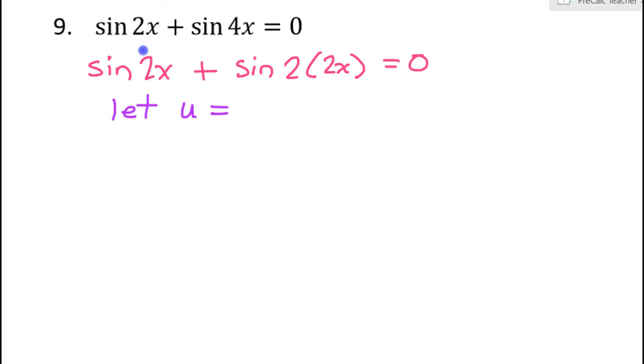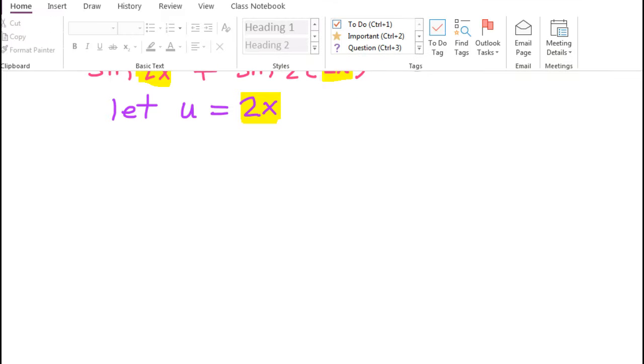So in this case, let's see what happens if we let u equal 2x. So notice that we've got 2x right here and we've got the 2x right here. So watch for u to show up in each of these places because u equals 2x. So the 2x will be replaced by a u.